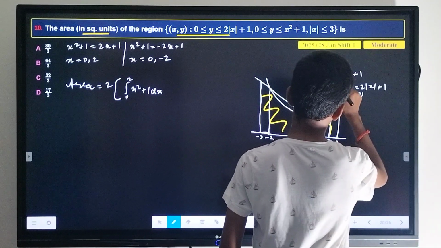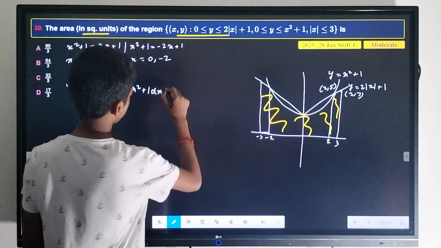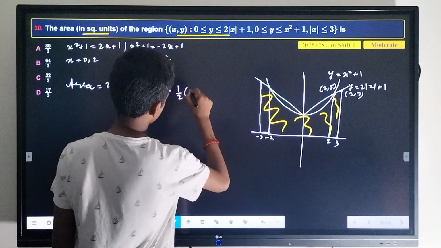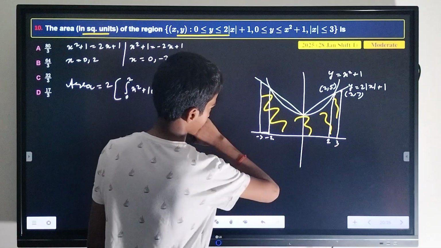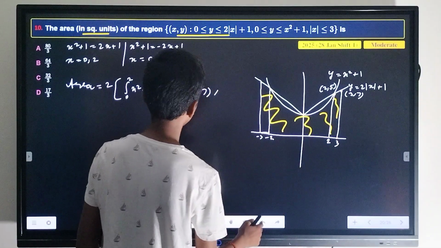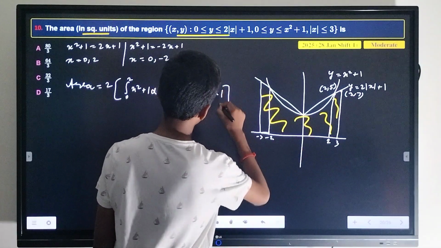2 comma 5. So from here our area of the trapezium will be 1 upon 2 times the sum of parallel sides, times the distance between parallel sides, 1.